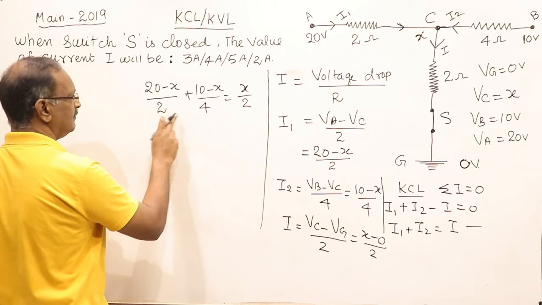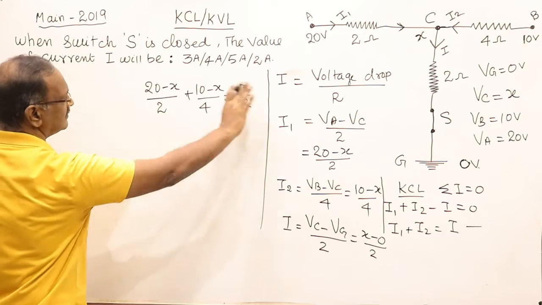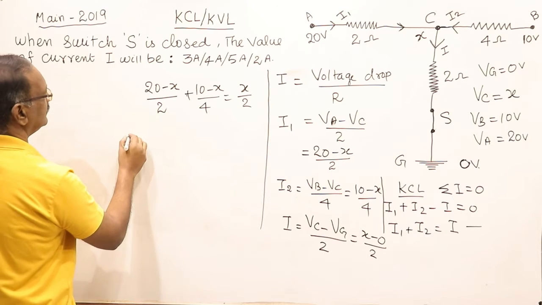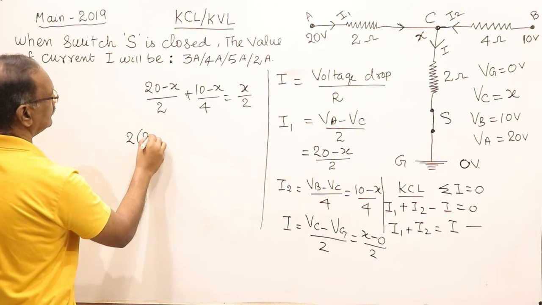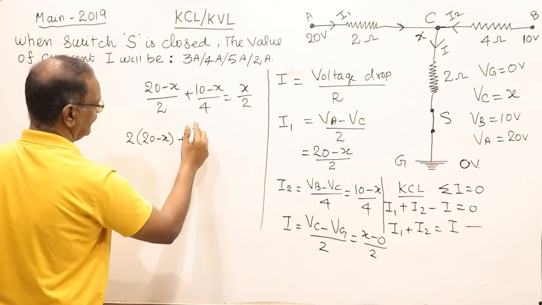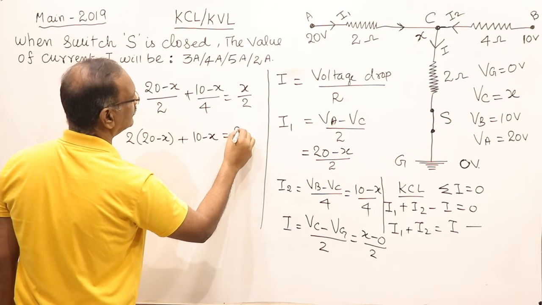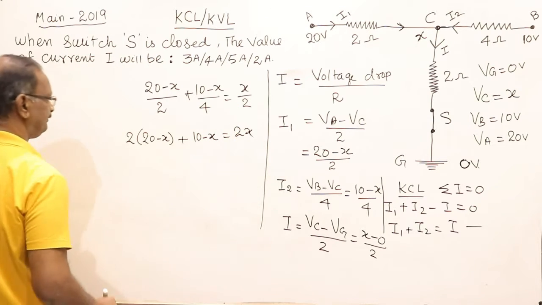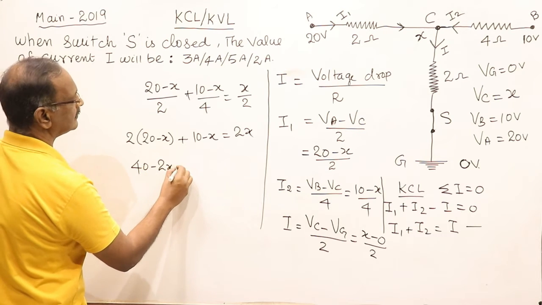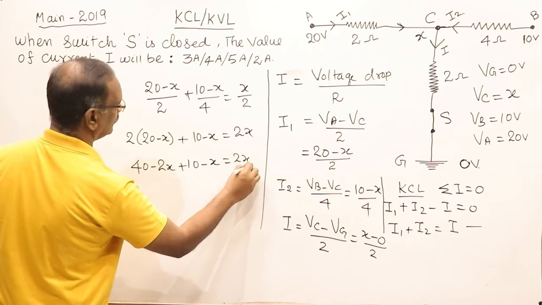Multiplying both sides by 4, we get 2 into 20 minus X plus 10 minus X is equal to 2X. That is 40 minus 2X plus 10 minus X is equal to 2X.